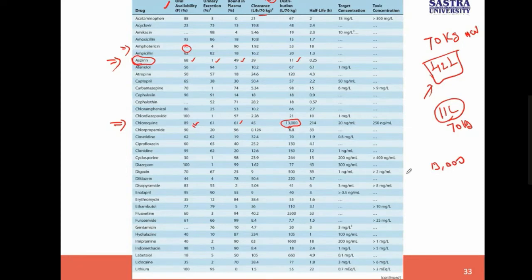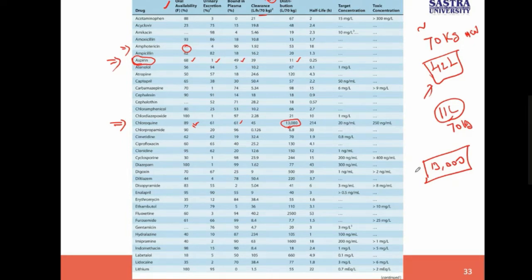70 kg is the approximate weight of a man. For a 70 kg person, 42 liter of water content will be there. So how come the volume of distribution value is 13,000 for chloroquine?